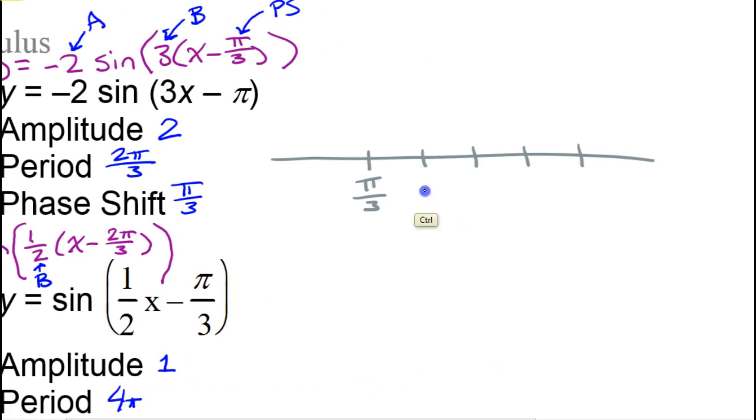So to get the next mark over, I need to add a quarter of a period. So I need to add pi over 6. Well, to add fractions you need like denominators. So I really need to multiply the numerator and denominator by 3. That means another name for this position would be 2 pi over 6.